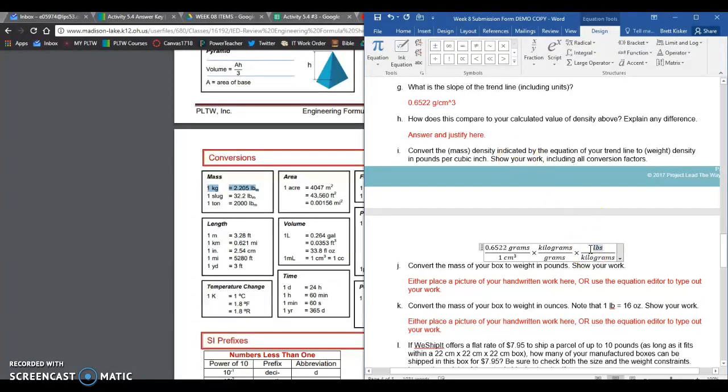We know from the conversion sheet that 2.205 pounds is the equivalent of 1 kilogram. In fact, I'm going to go ahead and abbreviate that. We know that 1 kilogram is the equivalent of 1,000 grams.